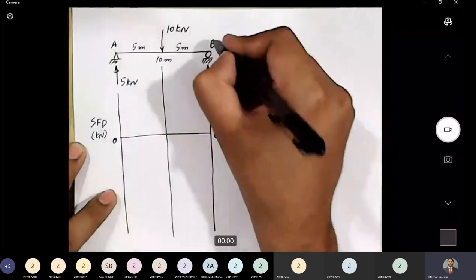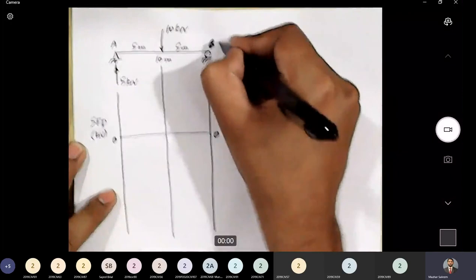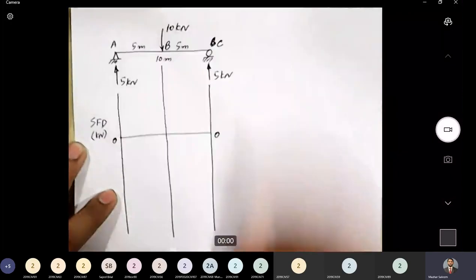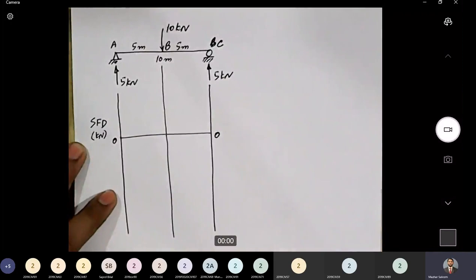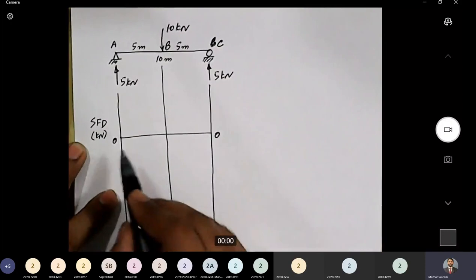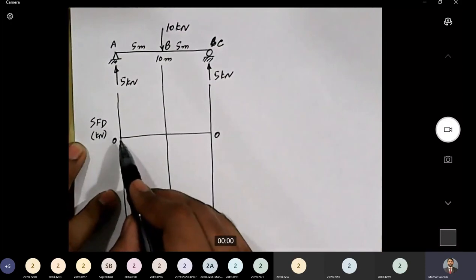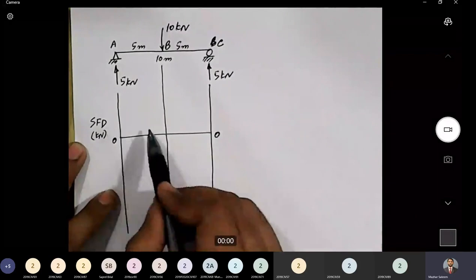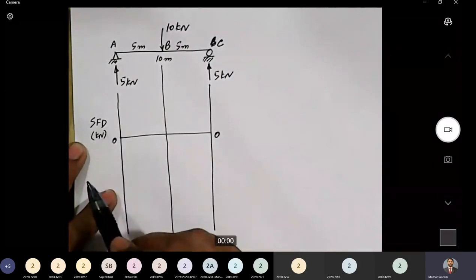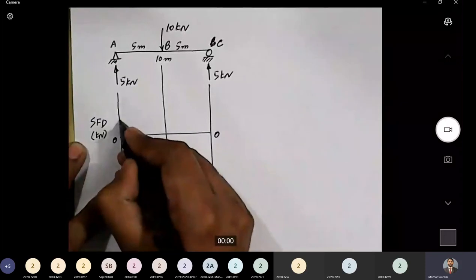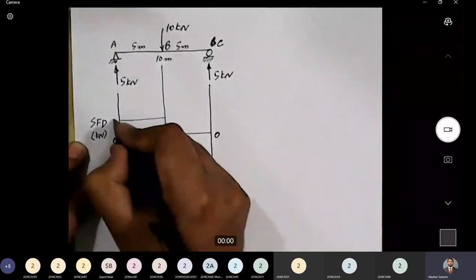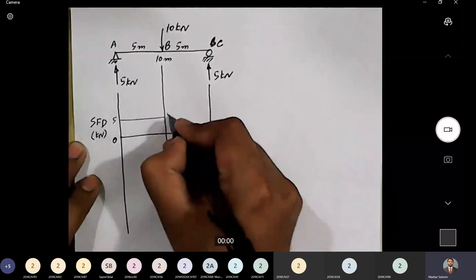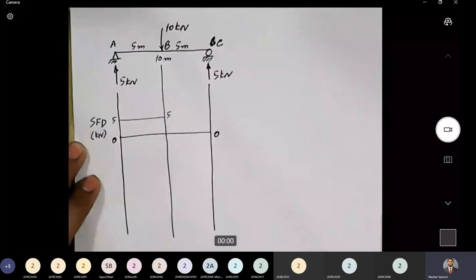We did not call this point B, we call this point C, and this point is point B. Now for portion AB, what was the value of shear that we calculated? It was equal to 5 kilonewton. So we will draw a line showing a constant value of 5.